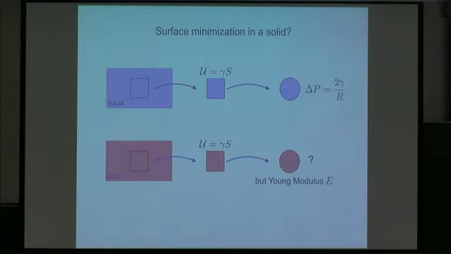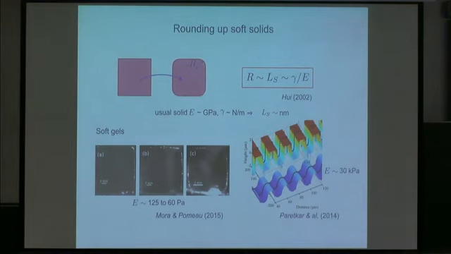Now, if you do the same with a solid, in principle you should also pay some surface energy as you remove a cube of solid out of a solid bulk. You may wonder whether you could deform this solid to minimize the surface by making a spherical shape. Of course, a solid is not as deformable as a liquid, and you have a Young modulus, so maybe the two ingredients can play together. What people have thought for a long time is that if you take a cube of solid and remove it from a bath of solid, so to speak, the corners of this cube would be rounded up with a certain typical radius of curvature.